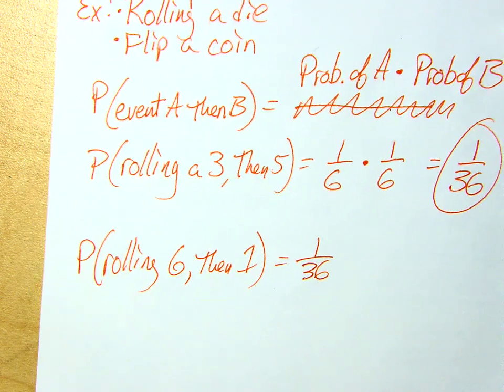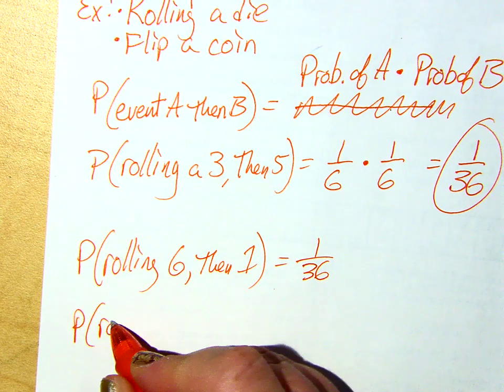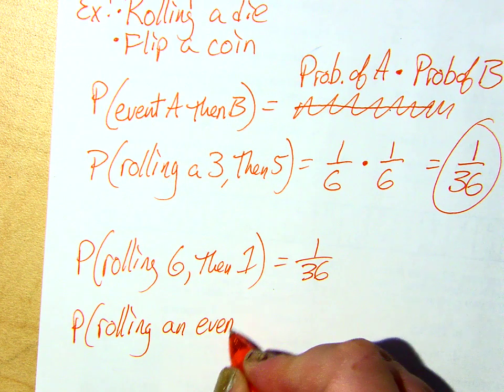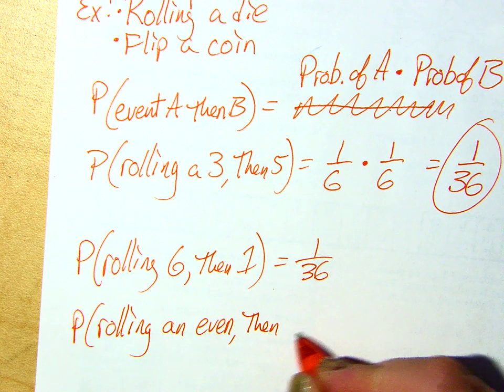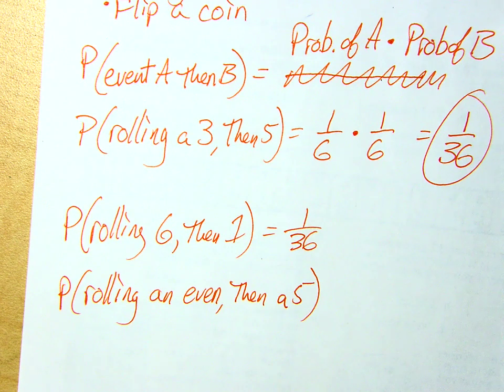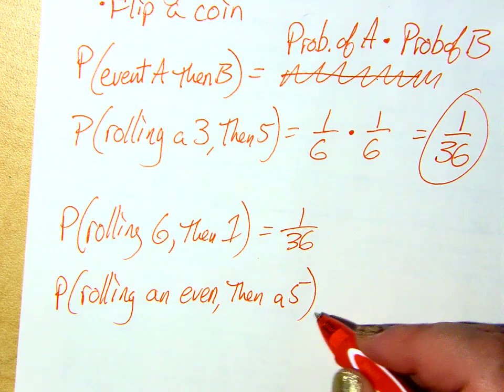What if I wanted the probability of, let's change it up now, rolling an even, then a 5. So on the first roll, all I have to do is get an even number. Then I need to get a 5. Jed, you got it? 3 out of 36.